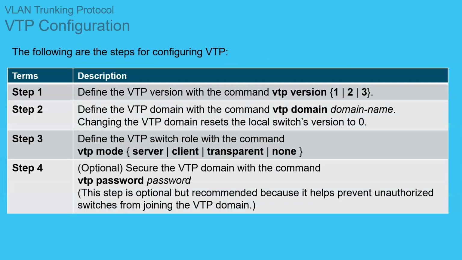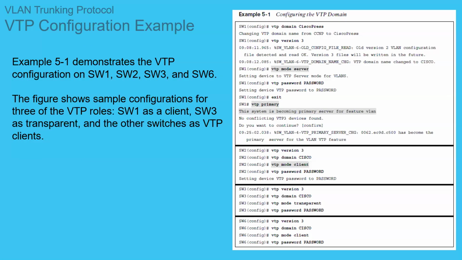There are pros, but there are cons as well with VTP. If someone becomes the VTP server and manipulates the VLANs, then all the VLANs within the network will get corrupted. There are good things and bad things with VTP. We are using it, but we should use it with caution.